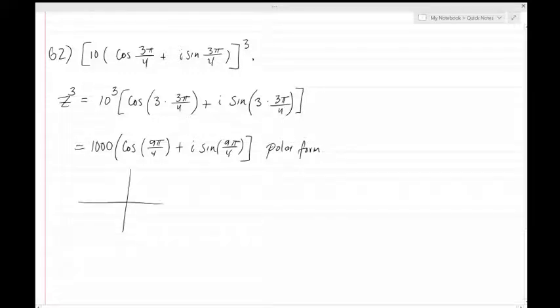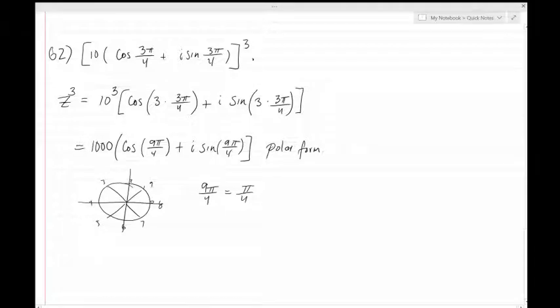So here's my unit circle, and I'm going to break it up into quarters. So here's 0, 1, 2, 3, 4, 5, 6, 7, 8, and 9 pi over 4 is the same thing as pi over 4.